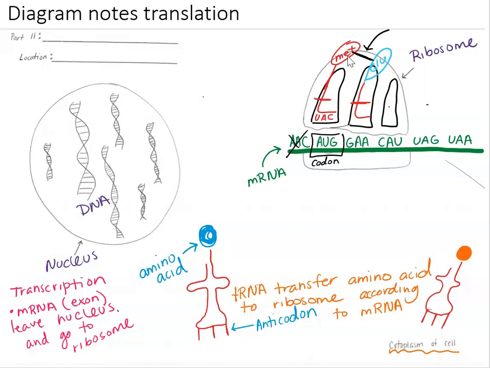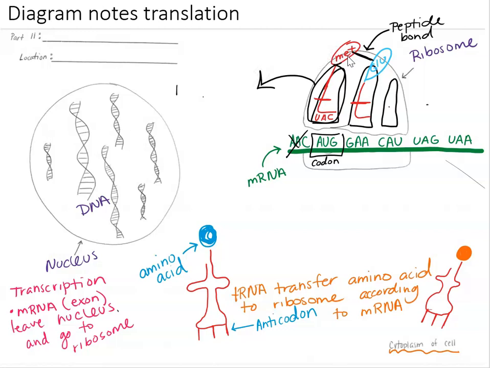Once these are linked, then this first tRNA carrying our methionine can leave and go back to the cytoplasm and find more methionine amino acids.